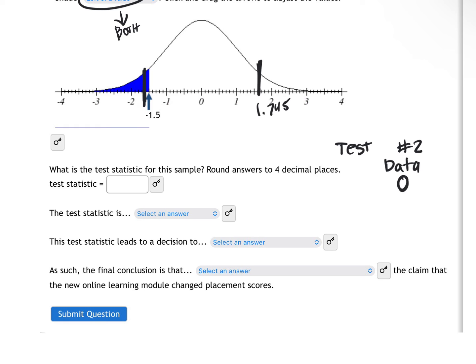Mu is 0 because we're expecting no change, and I put L3, and I put not equal, and when I do that, I end up with 1.07917. All right, and so that would be up here, but not all the way up here. So the test statistic is not in the critical region.